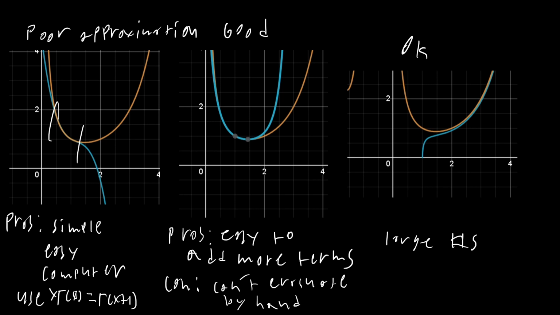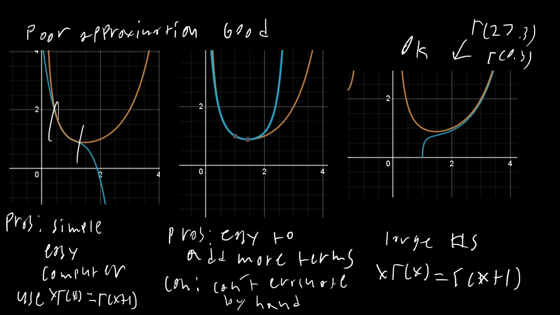What you can actually do is pick a large number and then use gamma of x plus 1 equals x gamma of x repeatedly to get gamma of a small number. So for example, I could calculate gamma of like 27.3 with this, and then just repeatedly divide back to get gamma of 0.3.